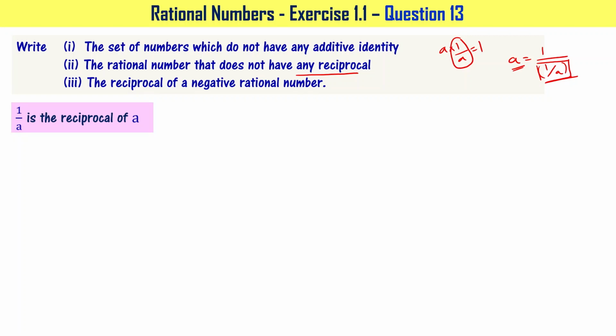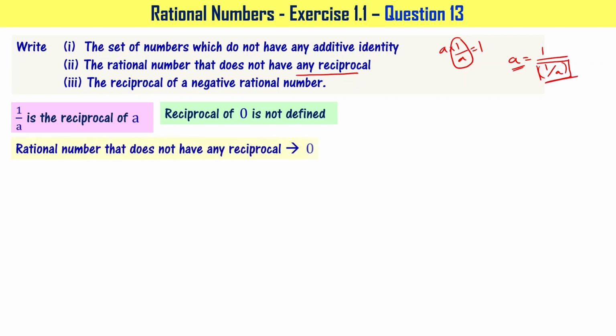Value of 1 by 0 is not defined. So what we can say is reciprocal of 0 is not defined, right? Since 1 by 0 is not defined. So to answer the second part of the question, we say that the rational number that does not have any reciprocal is 0, right? Now let's look at the third part.